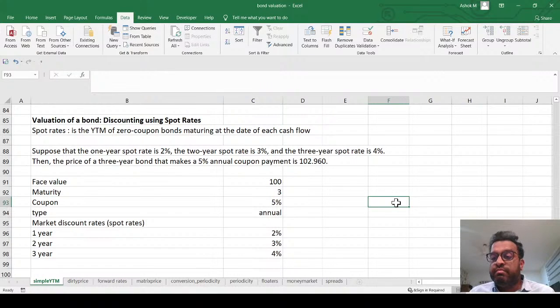So what do you do with the zero spot rate? You have zero coupon bond YTMs at different maturities. You take those rates, and you have your bond, which is a corporate bond, a risky bond, which has coupons on many dates: 6 months, 12 months, 18 months. Each of those coupons I will discount at the spot rate corresponding to that zero coupon YTM.